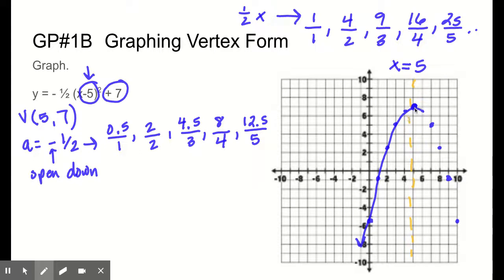Go ahead and connect your points. And that is our parabola.